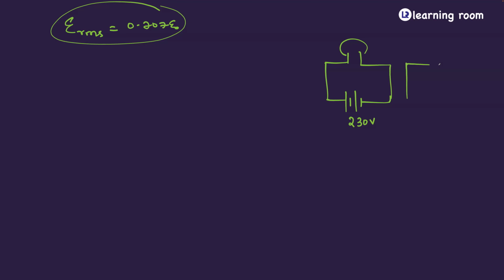Then for this bulb, when connected across an AC source, E is equal to E naught sine omega t. For 230 volt, whatever brightness the bulb is able to give, what should be the value of E naught in this case for the bulb to glow with the same intensity? That's what the question is.